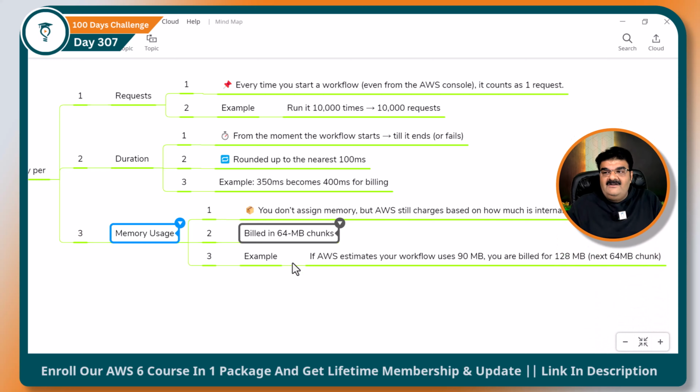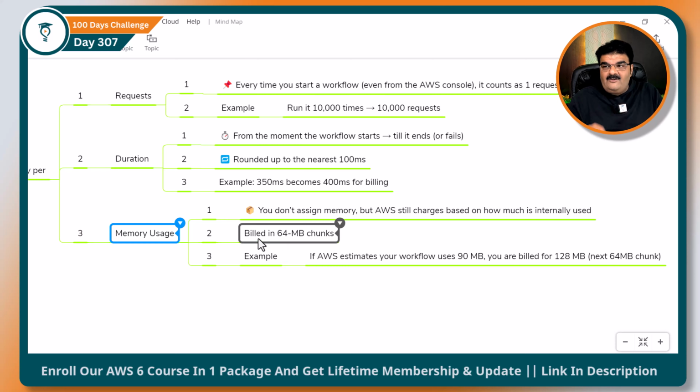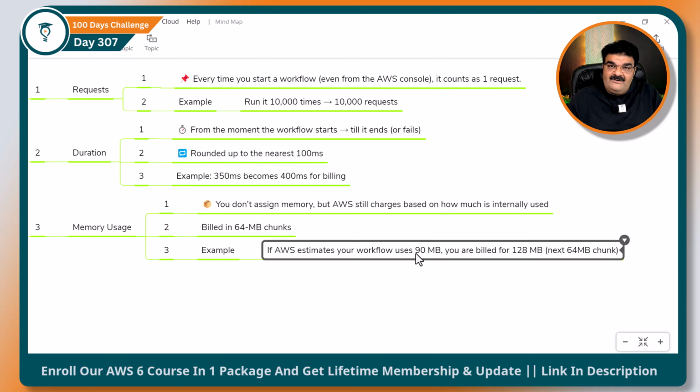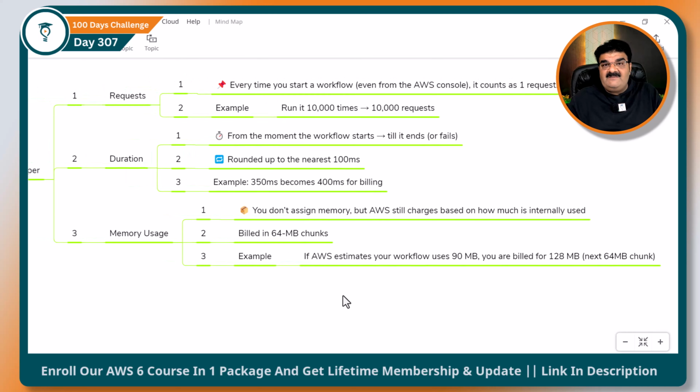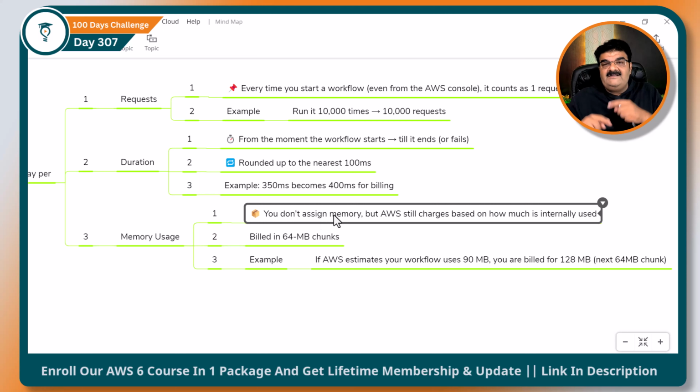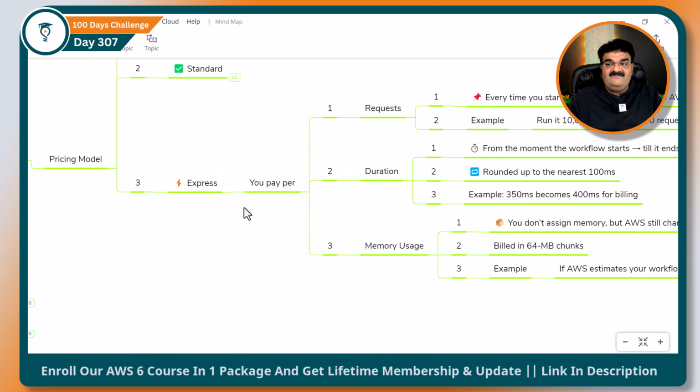Here they bill according to 64 MB chunks. So for example, if I have one function which is using 90 MB memory, I still have to pay for 128 MB. Keep this in mind again, that we are not assigning memory. This consumption is automatically counted by AWS. Okay, so this is pricing.